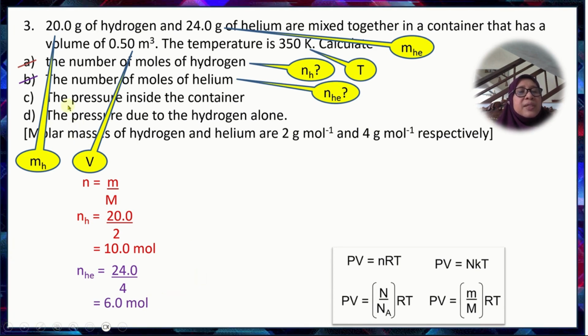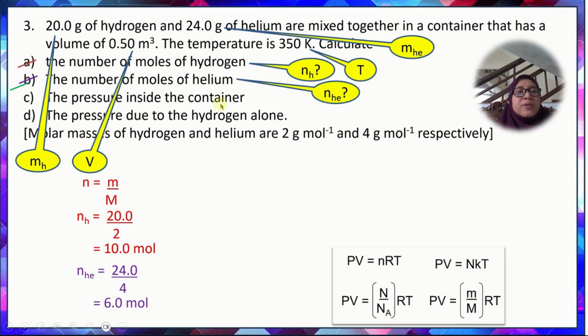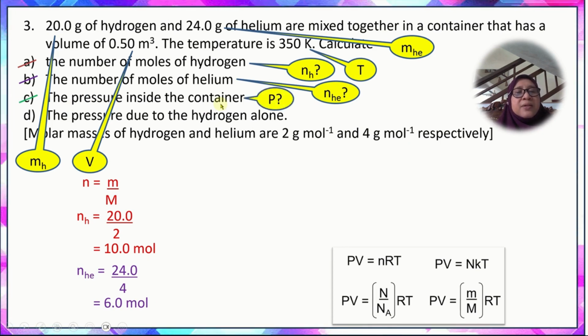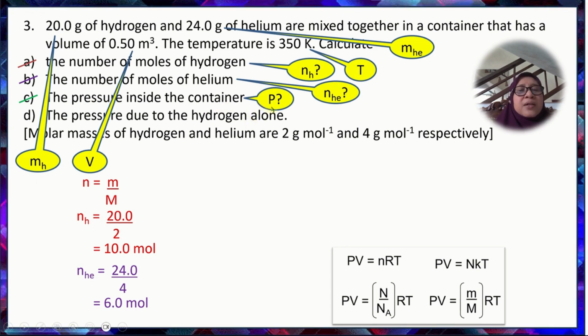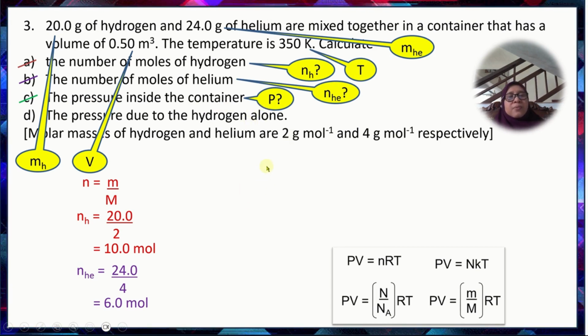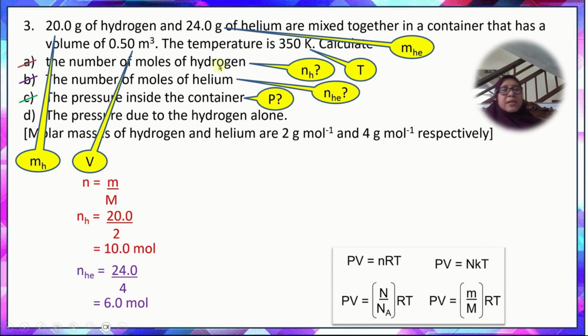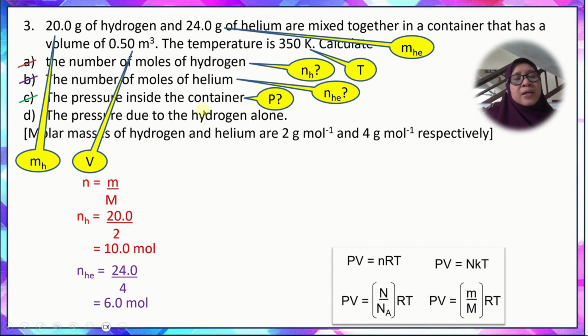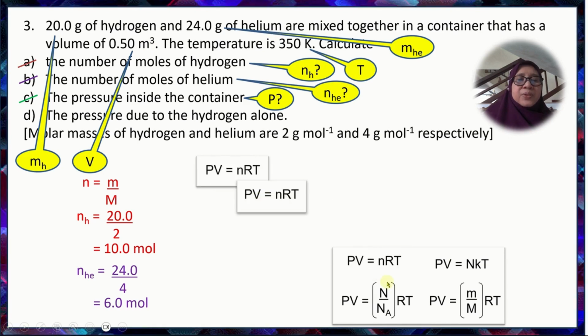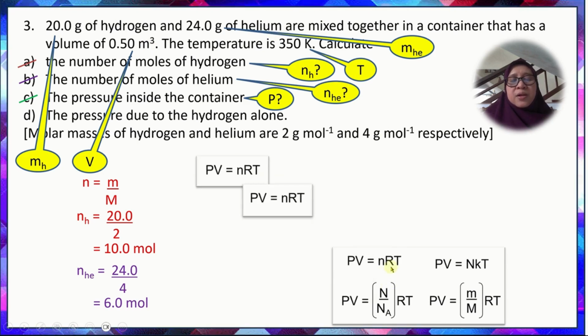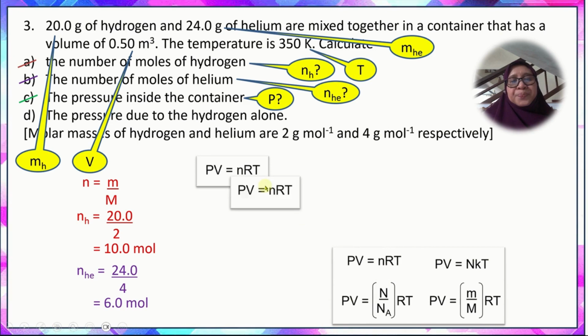Okay, next question. Find the pressure inside the container. So what is the pressure inside the container? It will be the general pressure here. The container consists of hydrogen and helium gas, so that means we use the total number of moles here.